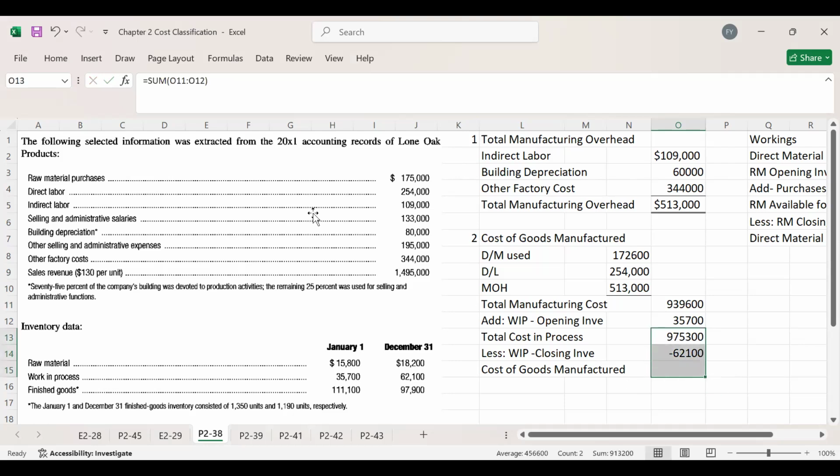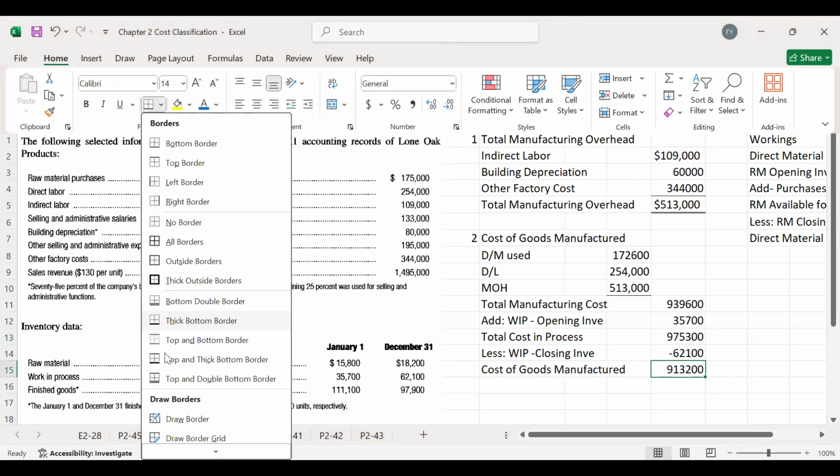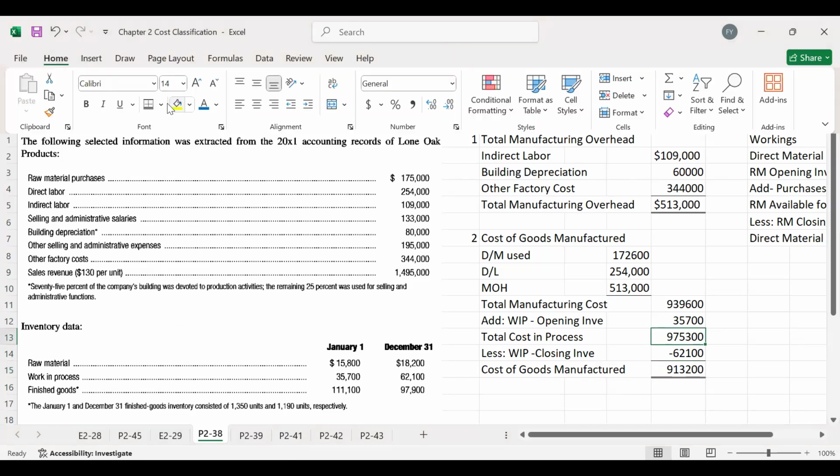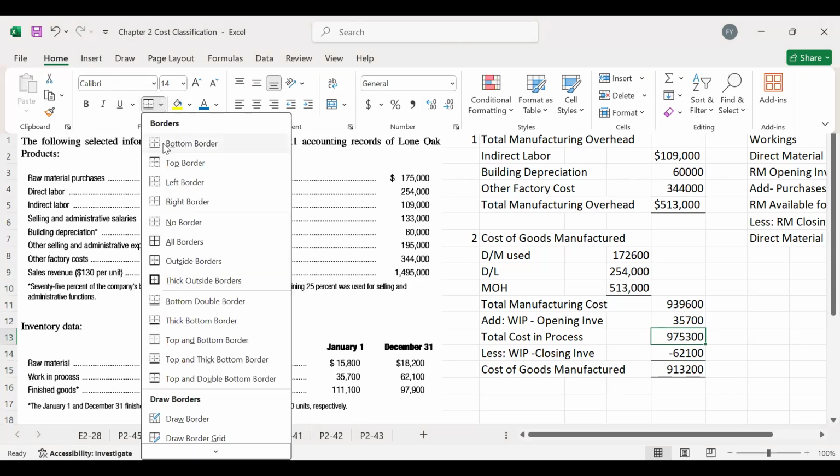So the cost of goods manufactured would be $913,200. This is requirement number 2, to calculate cost of goods manufactured.